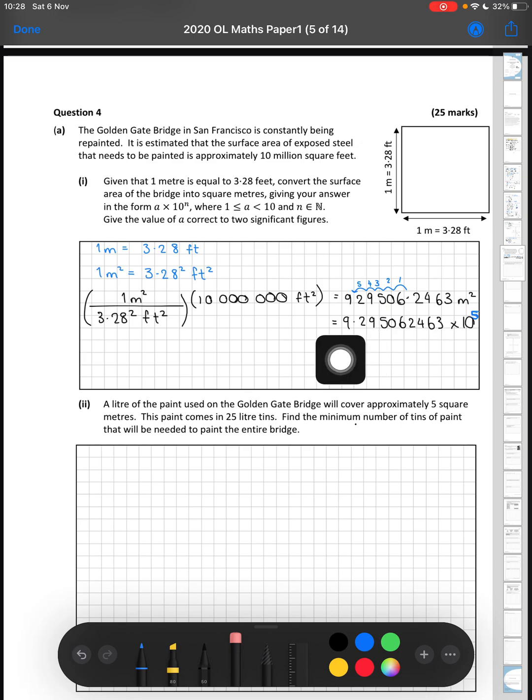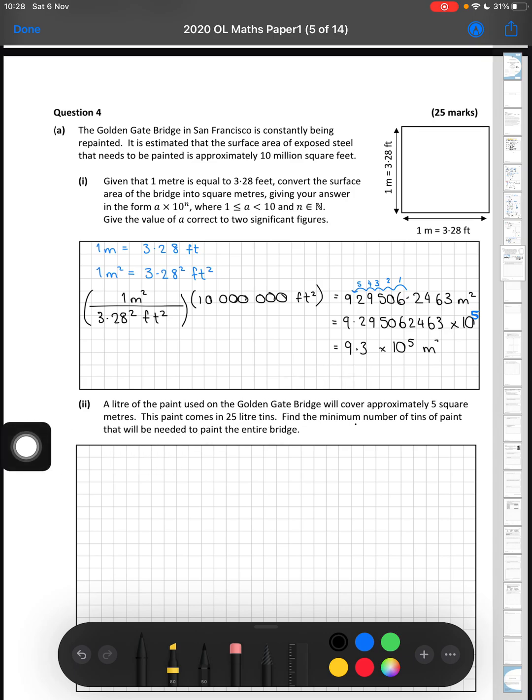Then it says give the value of A correct to 2 significant figures. Significant figures are kind of like decimal places, but they include the numbers before the decimal as well. So the 9 before the decimal is 1 significant figure, and we only want one more number, so 1 decimal place after the decimal. So we are going to round to 9 point, and then 2.